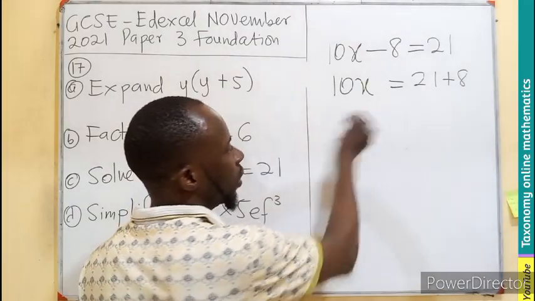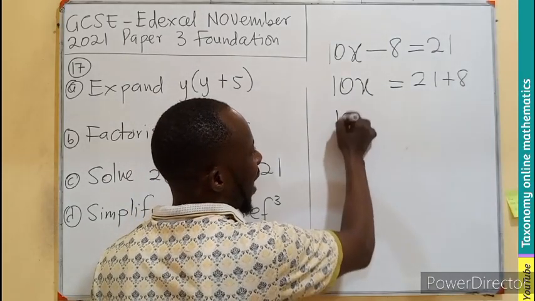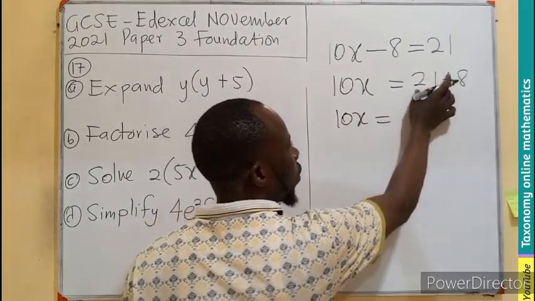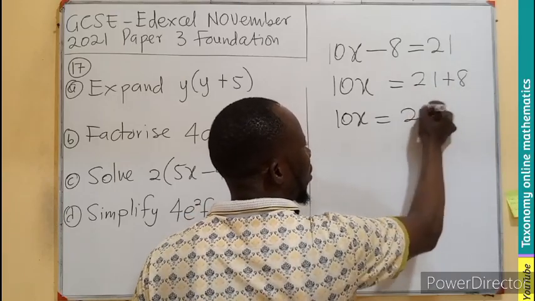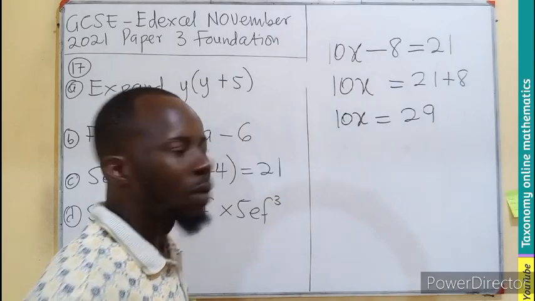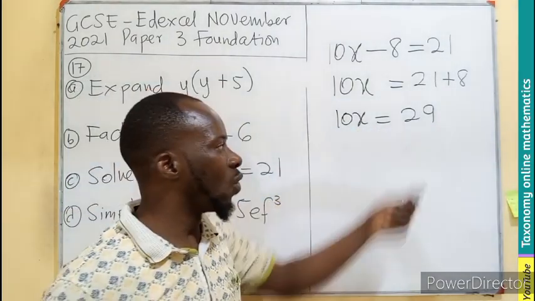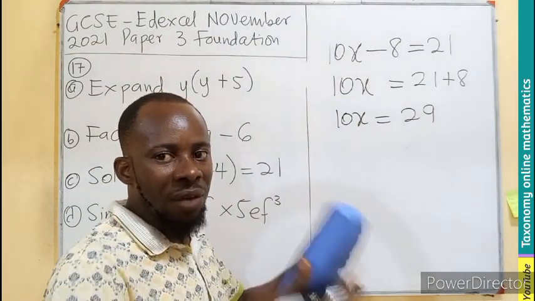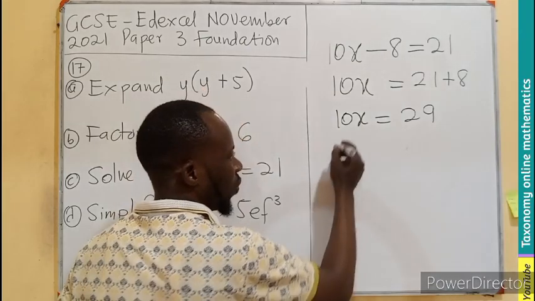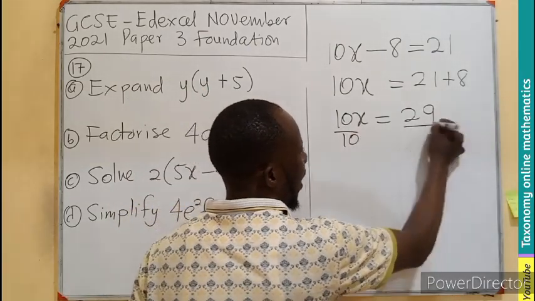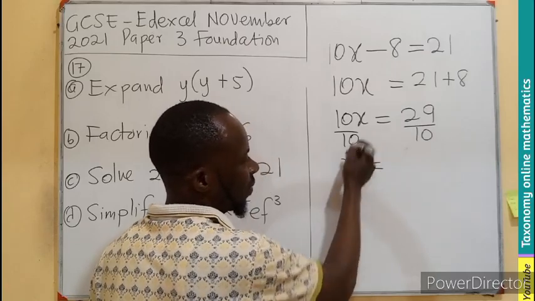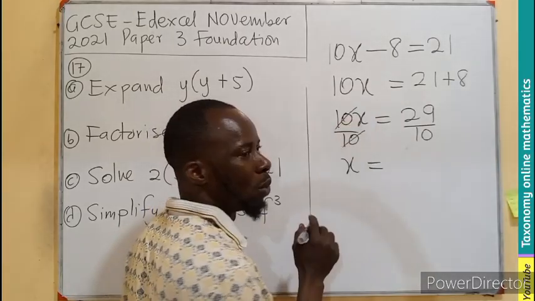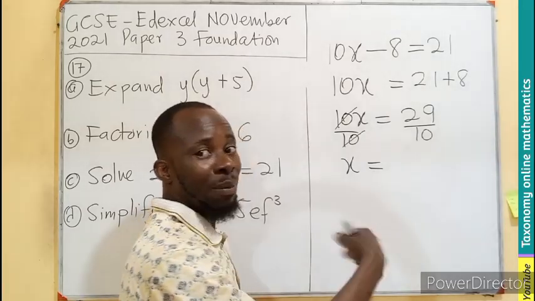So here becomes 10x equals 21 plus 8. That will be 29. Alright. So here we are going to divide by the coefficient of the x, which is 10, and this will also be 10. So x will be equal to 29 over 10. 10 divided by 10 will be 1, and 1x is the same as x.